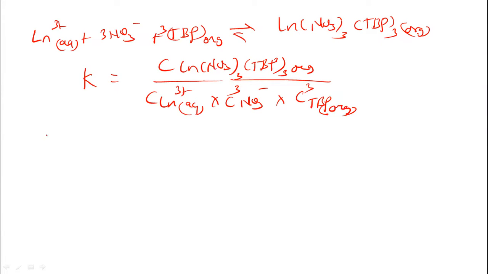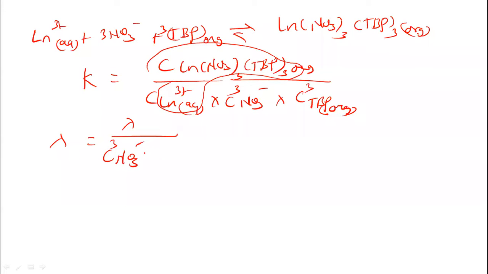Now we know that the distribution coefficient lambda is equal to the concentration of the lanthanide complex in organic phase divided by the concentration of the lanthanide in aqueous phase. So this is lambda. We can write K equal to lambda divided by the concentration of nitrate ion raised to power 3 multiplied by the concentration of tributyl phosphate raised to power 3.